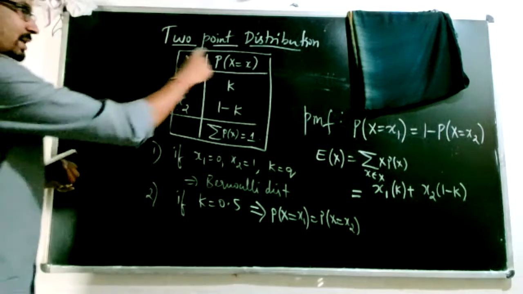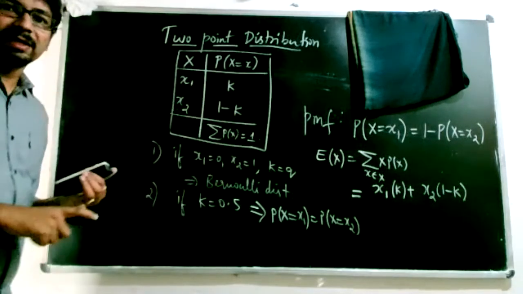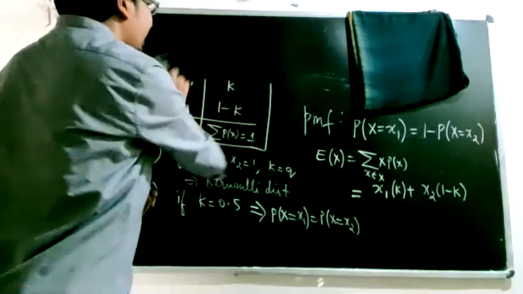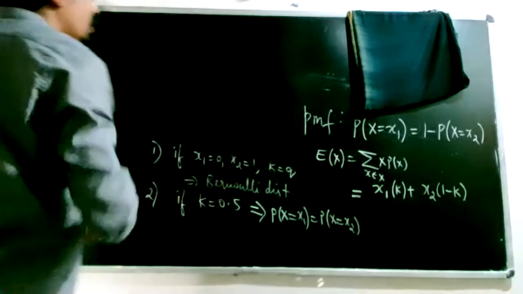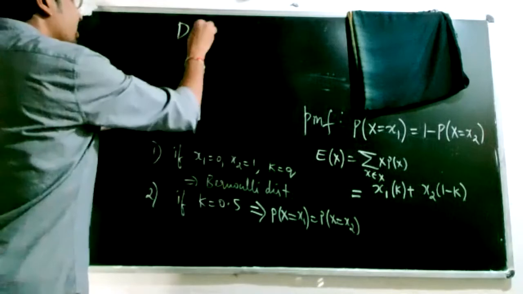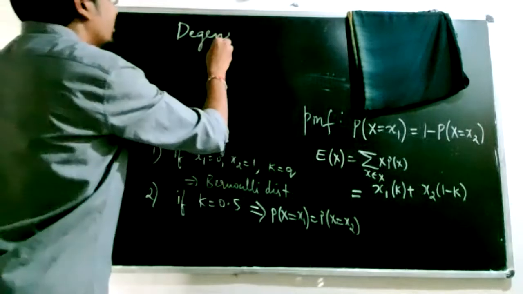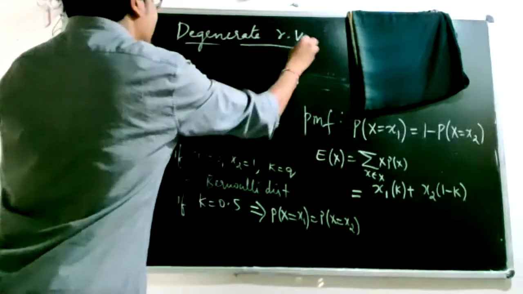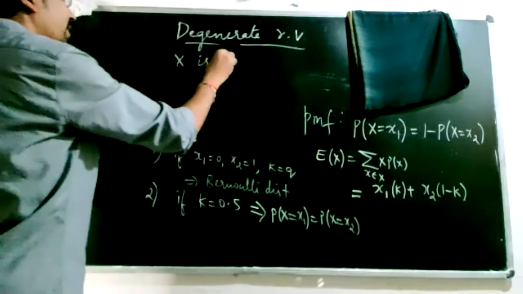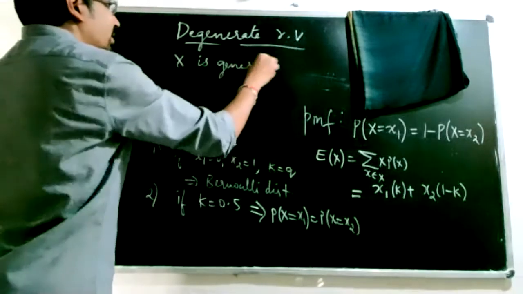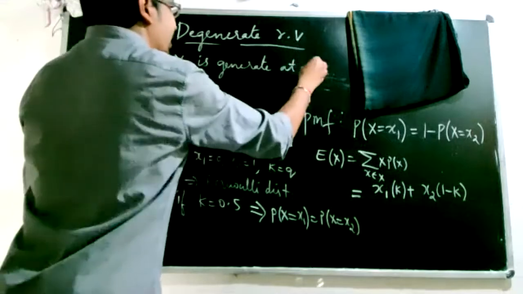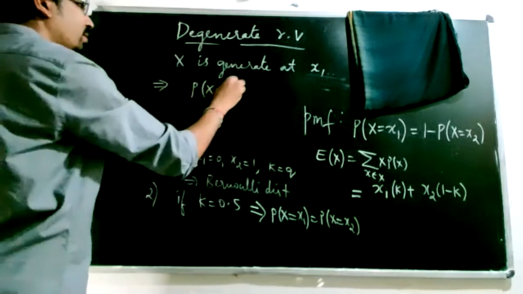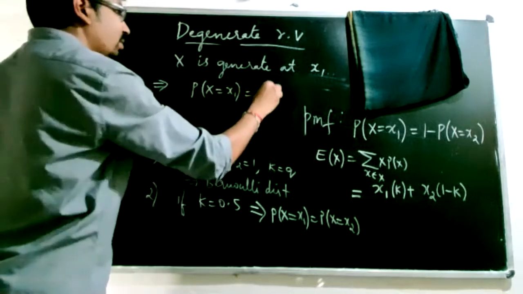So we have started discussing the case where our x is taking two values. Now similarly, I could have a distribution where x is taking only one value, and that is called a degenerate random variable. So if I say x is degenerate at, say, x1, it simply means p of x is equal to x1 is equal to 1.